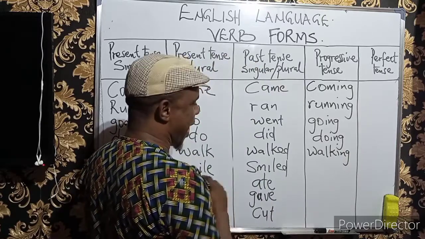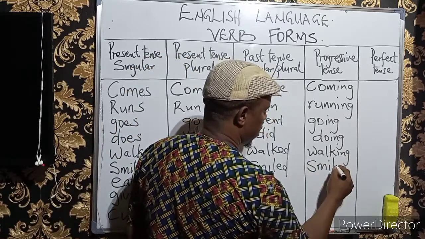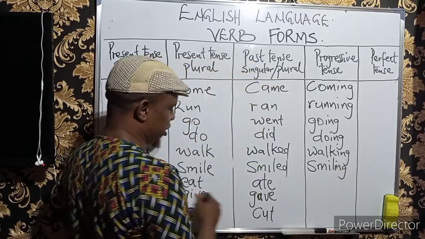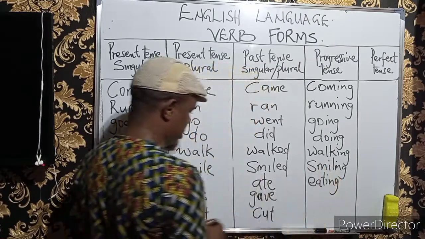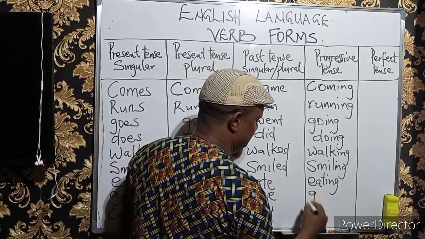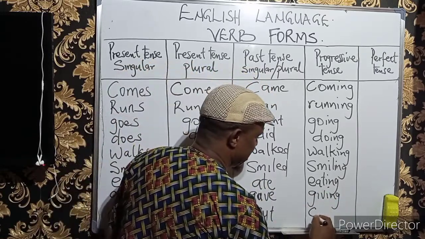The next one is smile as smiling. And eat as eating. Give, giving. Cut, cutting.